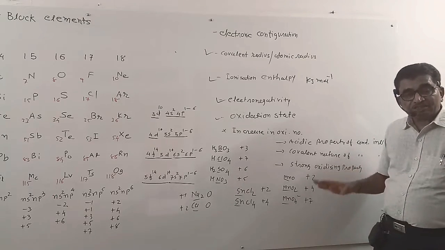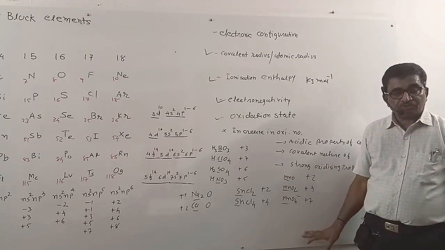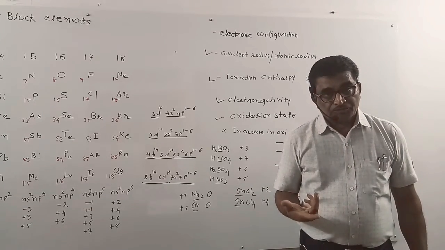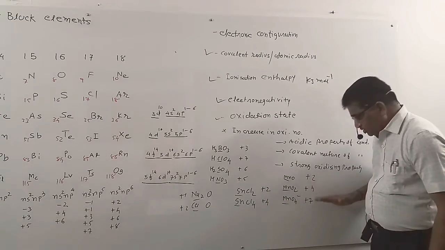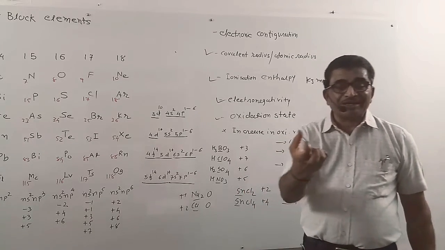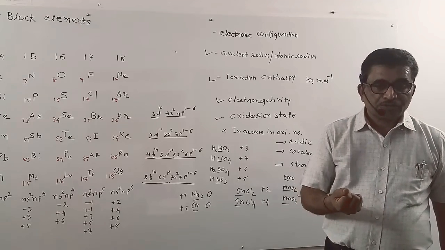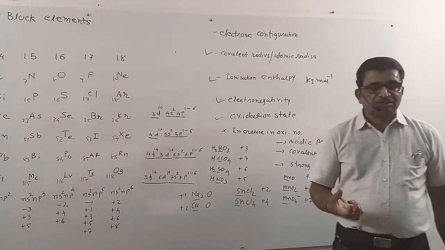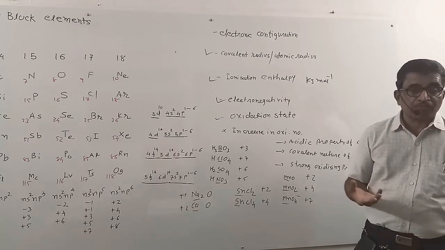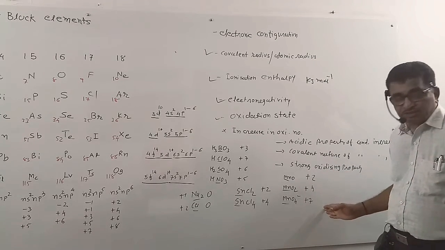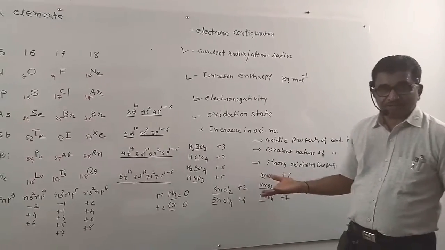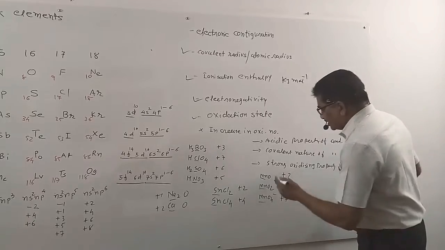So if the oxidation number is increasing, it works as a strong oxidizing agent, because the positive charge is also increased, so they receive electrons strongly. From the Lewis acid theory, we know that any compound receiving an electron pair and having the higher positive charge works as a strong oxidizing agent. And the last one is stability.